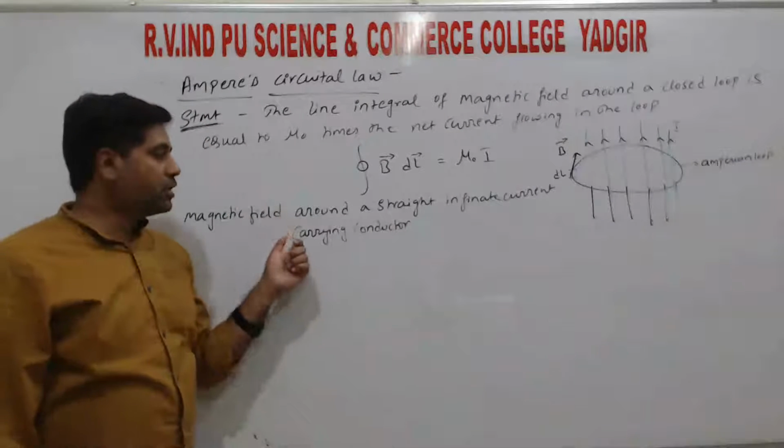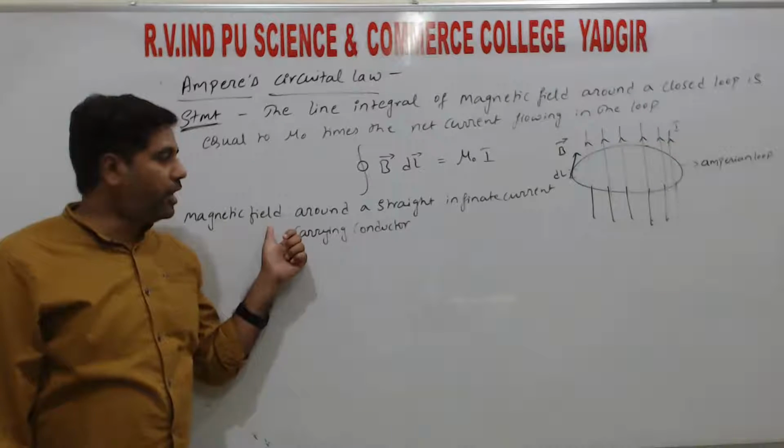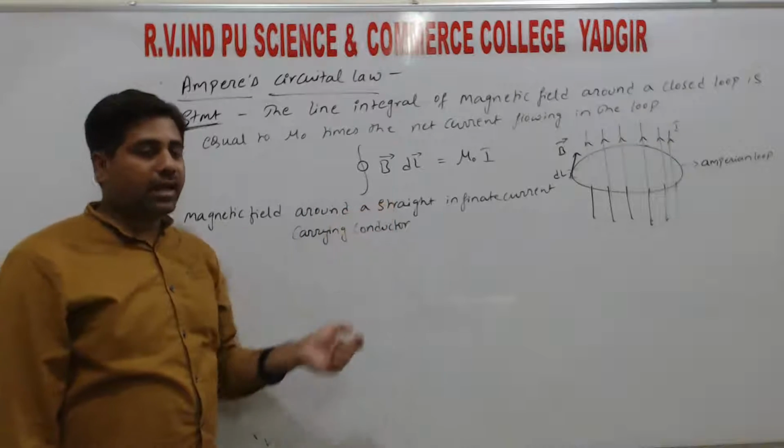So by using Ampere's circuit law, we can find the magnetic field around a straight current carrying conductor, right?